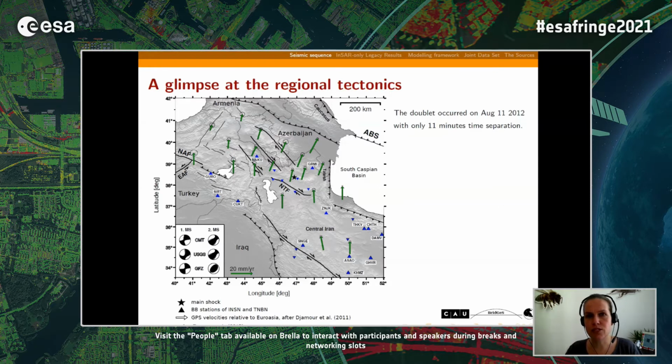And this poses actually already for seismology a problem, because wave trains of P waves of the second earthquake and S waves of the first one will also run into each other at teleseismic distances. So what you can see here in blue triangles are regional stations that we got from Iran, and they help us to disentangle these two sources using seismology. Next slide, please.